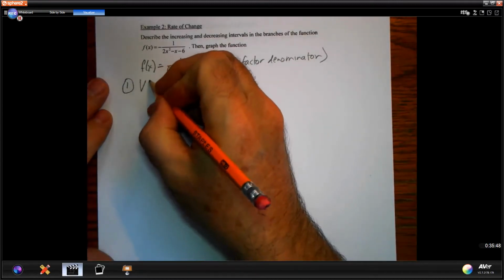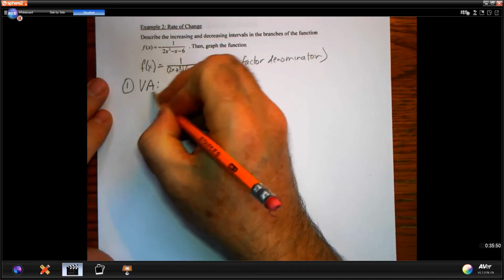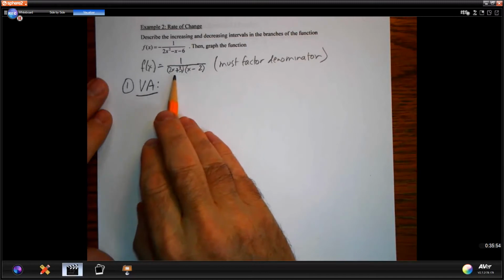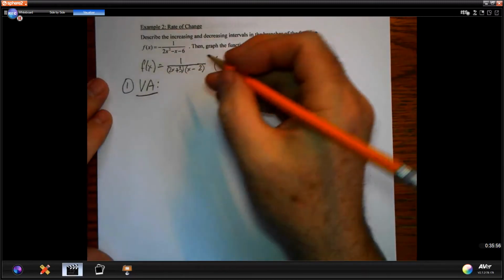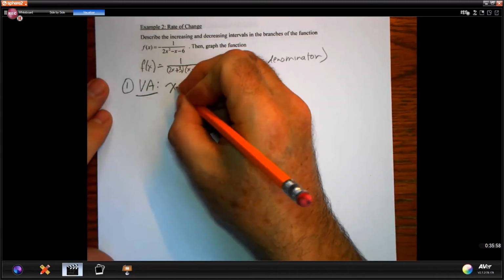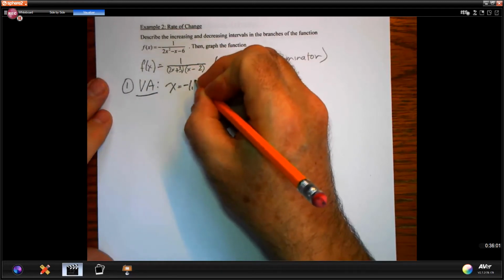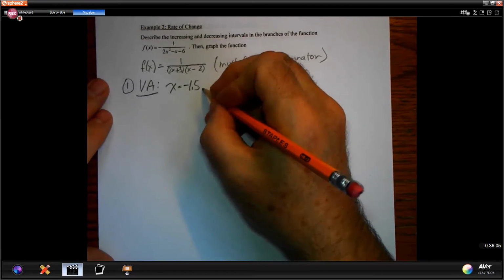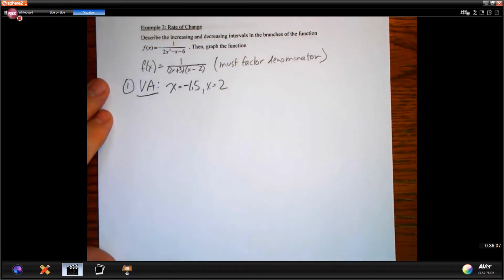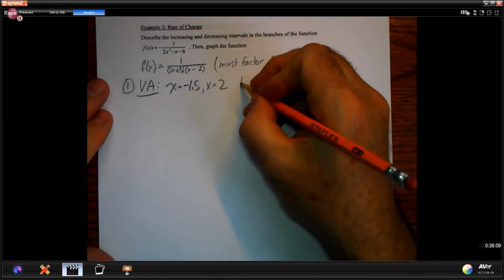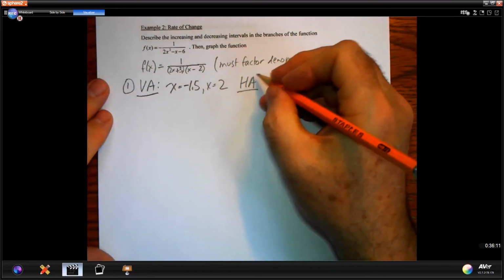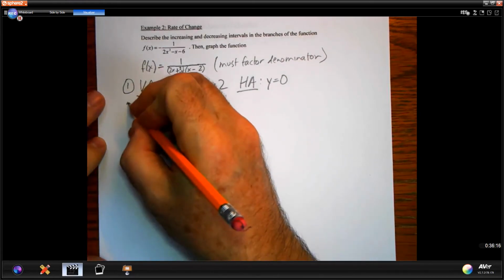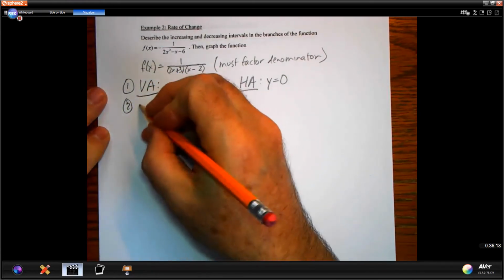For the vertical asymptotes, we set each of the factors equal to 0 and solve for x. You don't have to show that work. Hopefully you can do this in your head. So the first one is -3/2 or -1.5, and the second one is x equals 2. Those are your two vertical asymptotes, and as always, at least for these first two lessons, the horizontal asymptote is y equals 0.